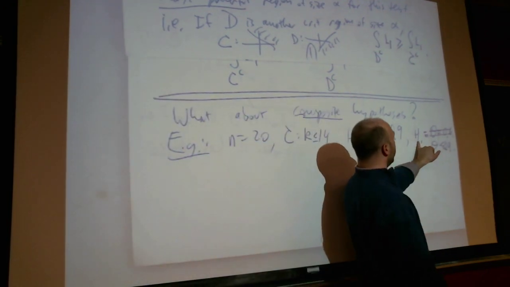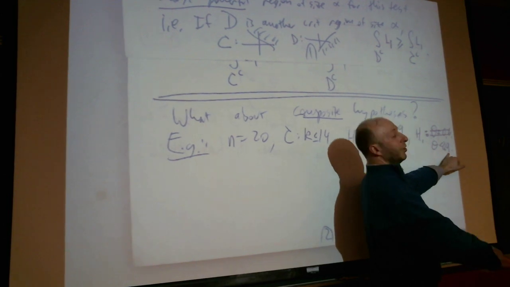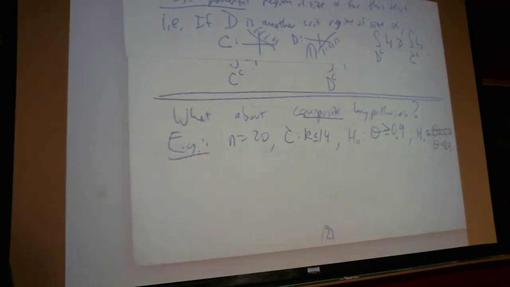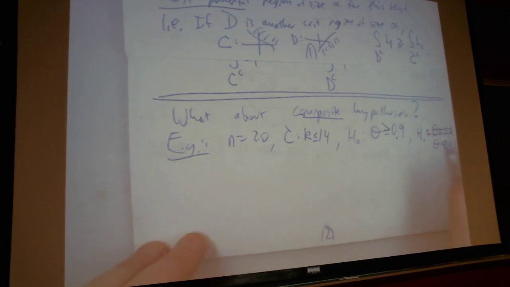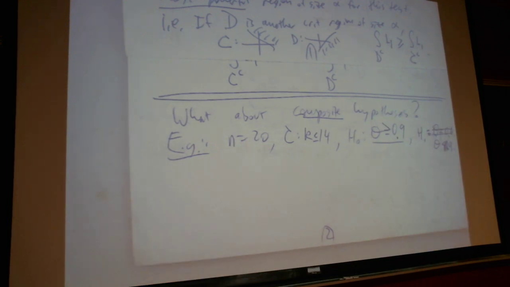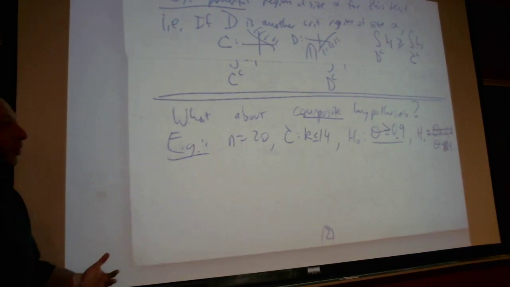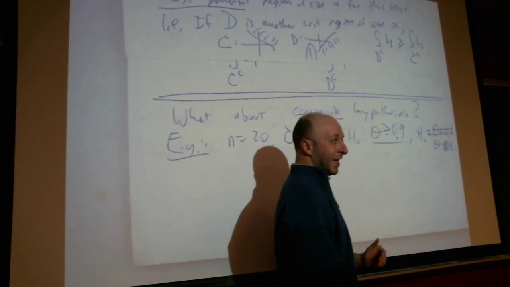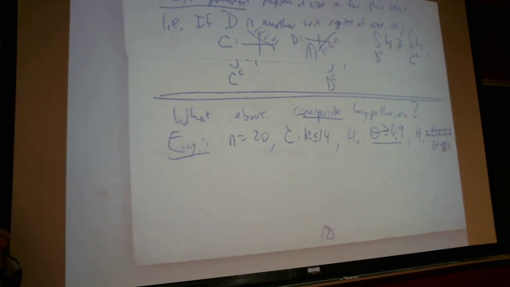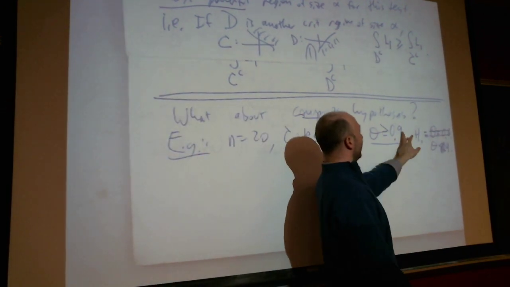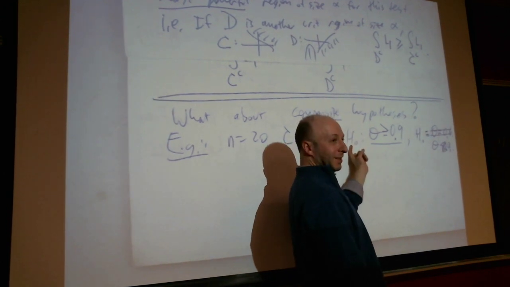So does giving someone this drug reduce the chances that they get the disease, as opposed to not? This is a composite hypothesis because I no longer have an exact likelihood function, but I do have likelihood functions for each possible theta in the list of thetas consistent with the hypothesis.